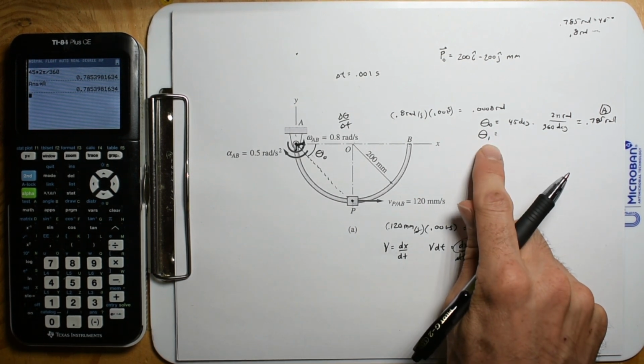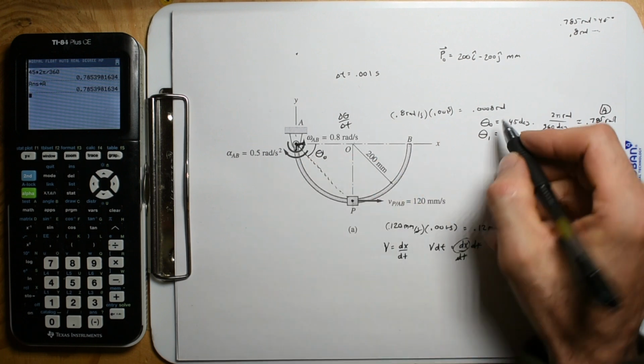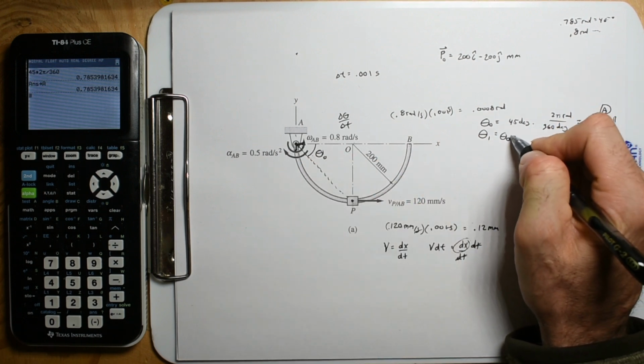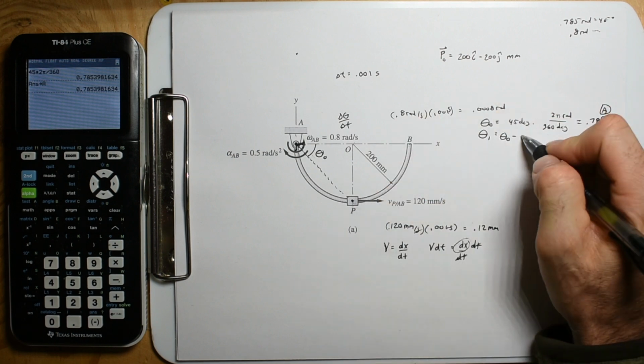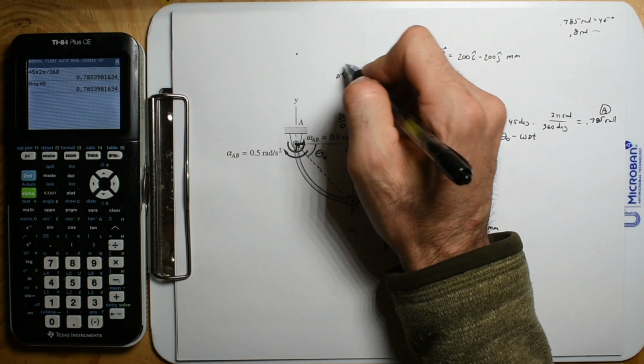So this angle gets reduced, because if this thing's rotating out, this angle is going to shrink. So theta is going to be theta naught minus omega times the change in t.